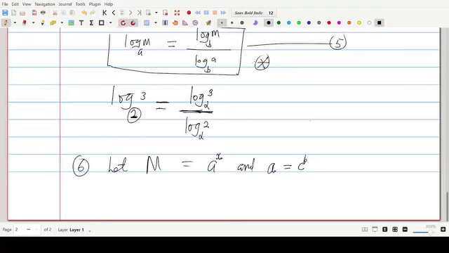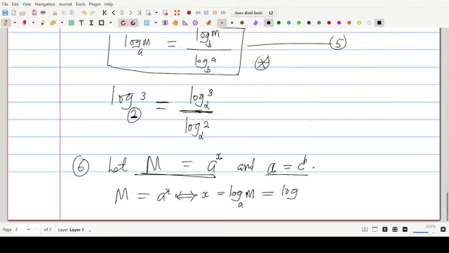If we write the first one in its equivalent form, we have m equals a to the power x, equivalent to x equals log to the base a of m, on which if we substitute this expression, we have log to the base c to the power of b of m.